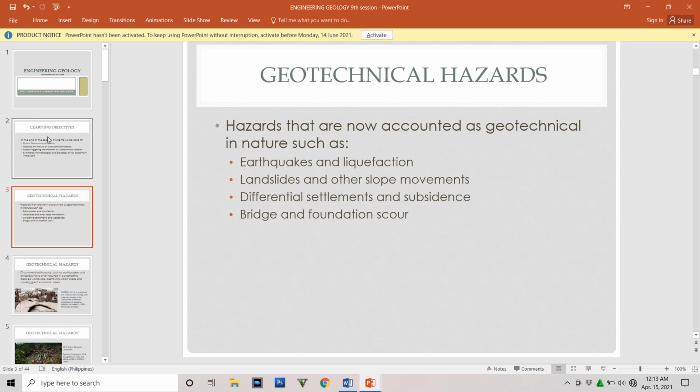So hazards under this context are accounted as geotechnical in nature. These are earthquakes and liquefaction, landslides and other slope movements, differential settlements and subsidence, bridge and foundation scour.